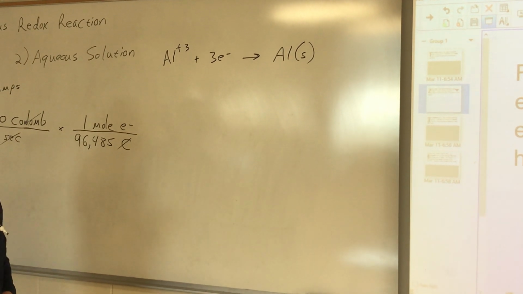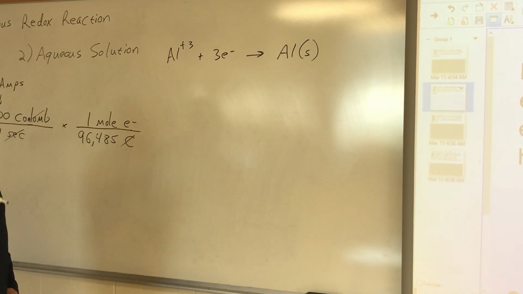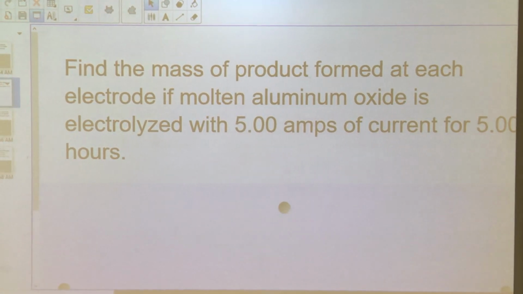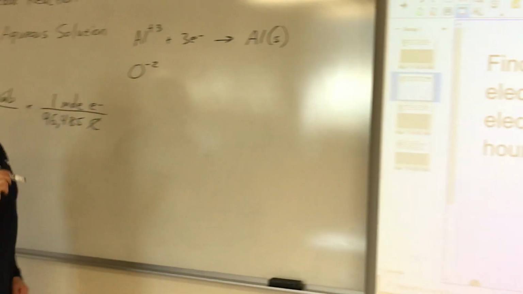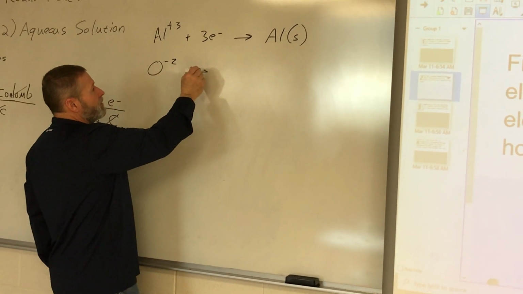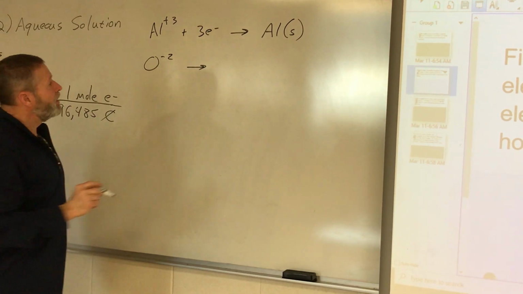The metal will always be reduced, and the oxygen is going to have to oxidize. So we'll have oxygen ions, because it's aluminum oxide, right? And they're going to have to lose electrons.